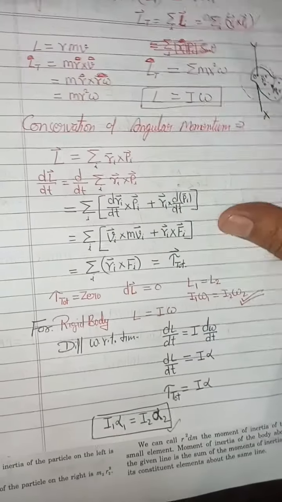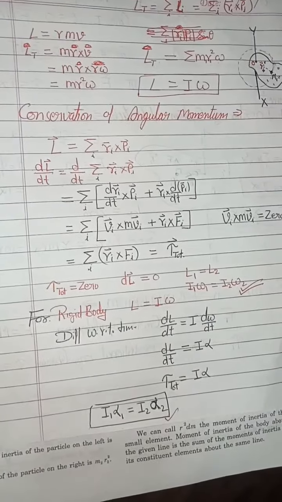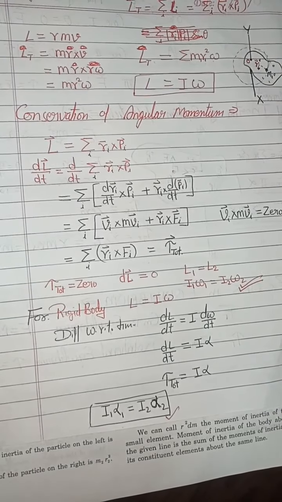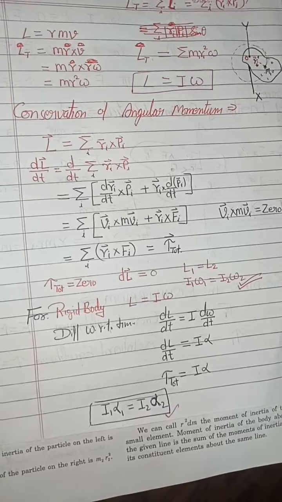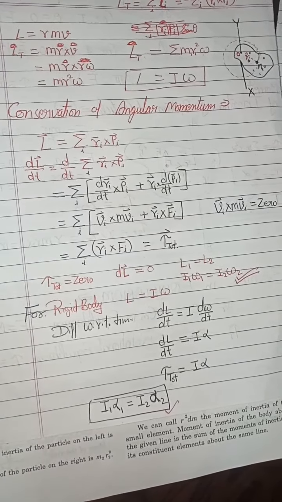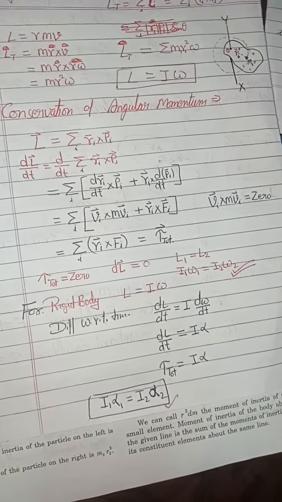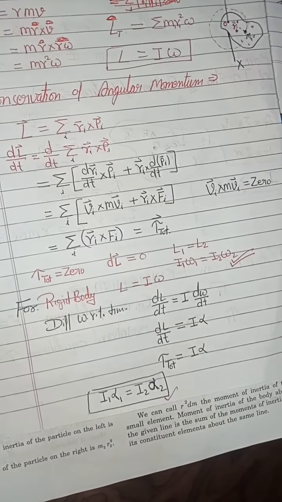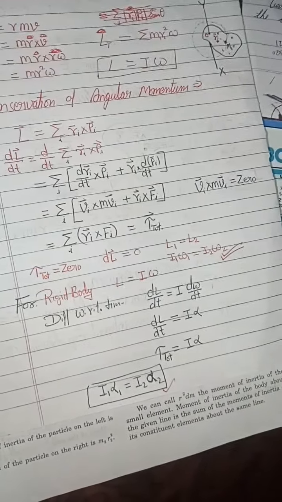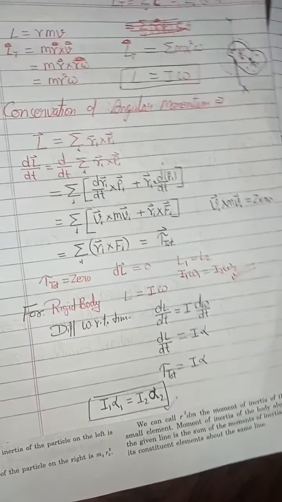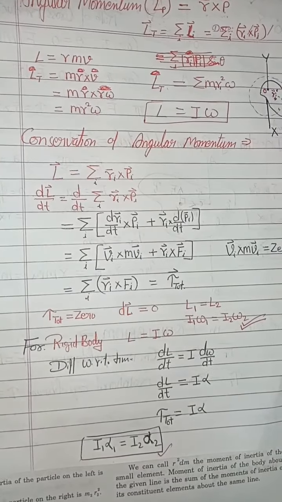Now next, conservation of angular momentum, which is a very important topic. Conservation of angular momentum says that if there is no external torque applied on this object, the angular momentum L should remain conserved.